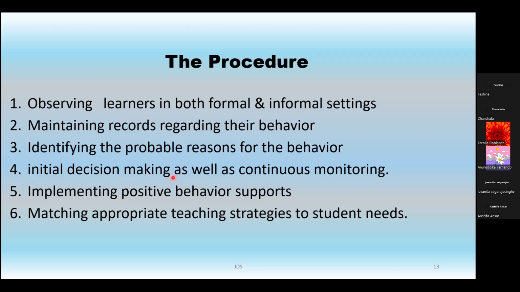Initial decision making as well as continuous monitoring. So if at all we are able to find out the exact reasons, then we can make a good decision in helping out the child, how to help out the child. Implementing positive behavioral support, matching appropriate teaching strategies to students' need, right?